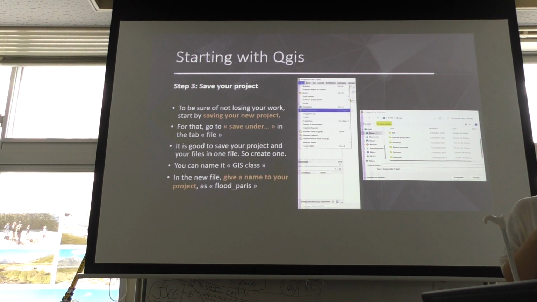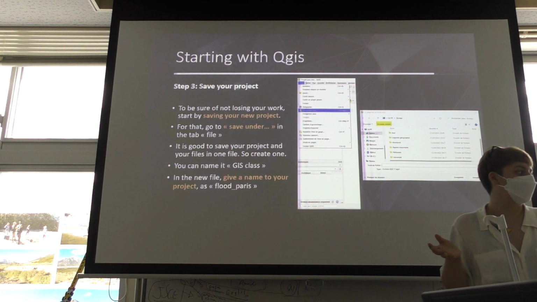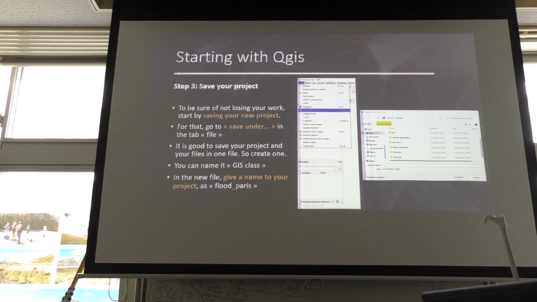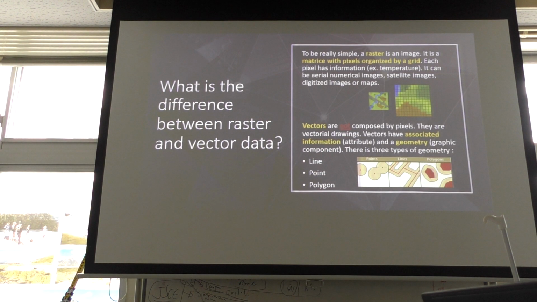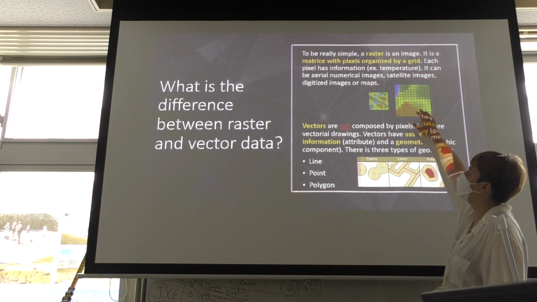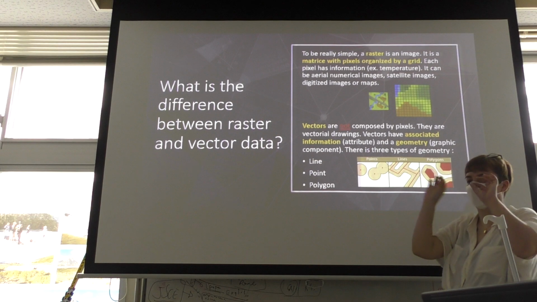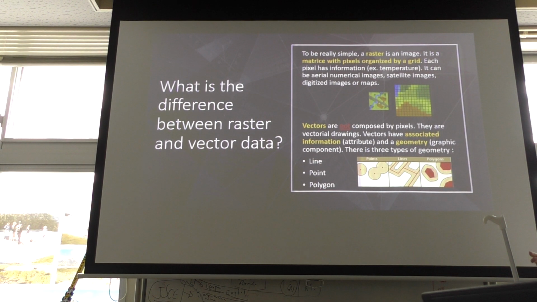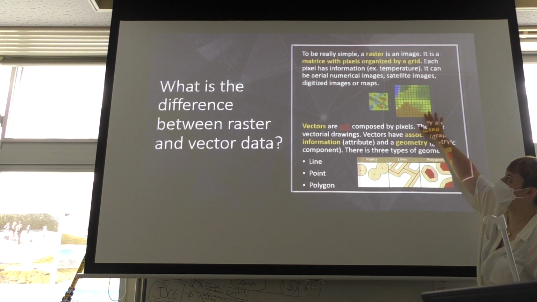Yeah? Okay. I will just give you a quick definition. It's really simple, but for the raster, we have pixels, okay? And each one has information, and you have a grid like that.